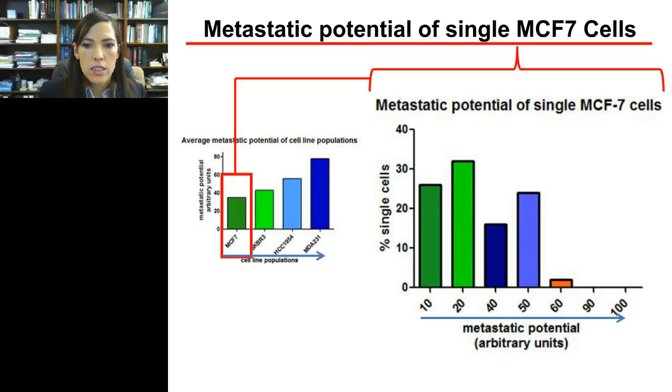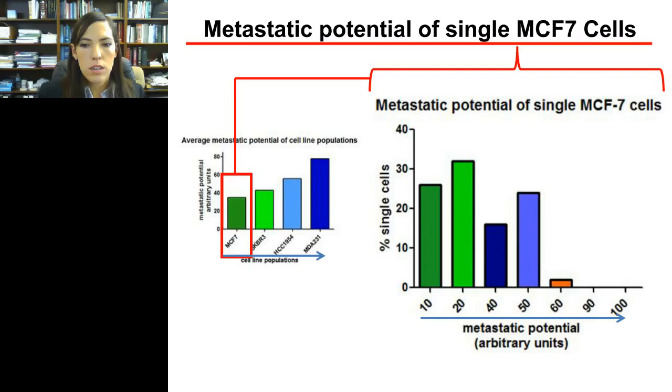And on the x-axis, we're looking at metastatic potential, going from lowest to highest, 10 being the lowest, 100 being the highest. When we look at single MCF7 cells, we see that most of them do have low metastatic potential, but within those cells, some of them do have a metastatic potential of 50 or 60.